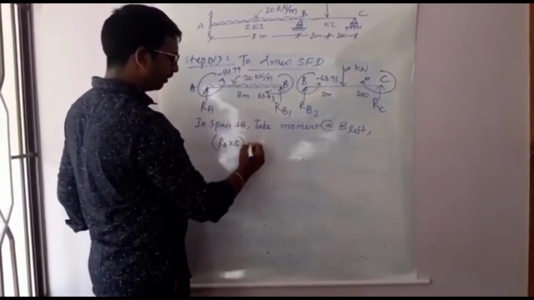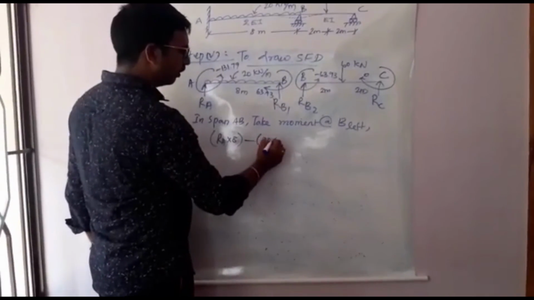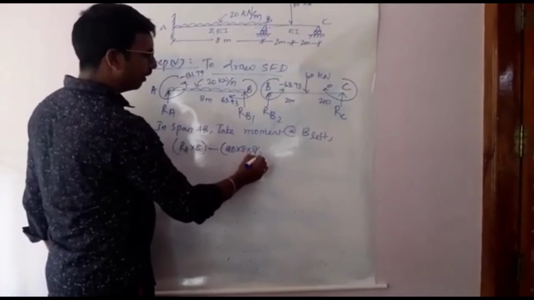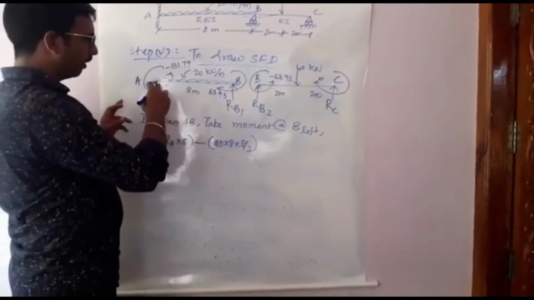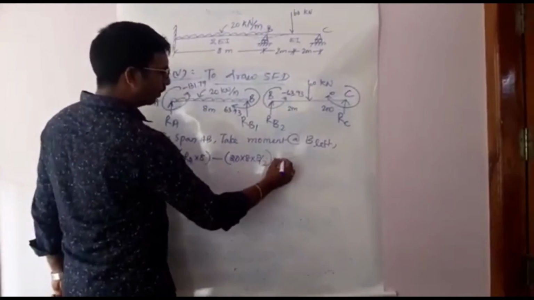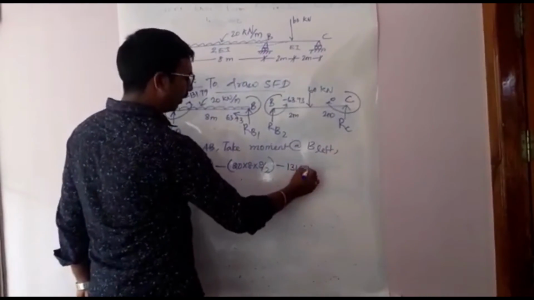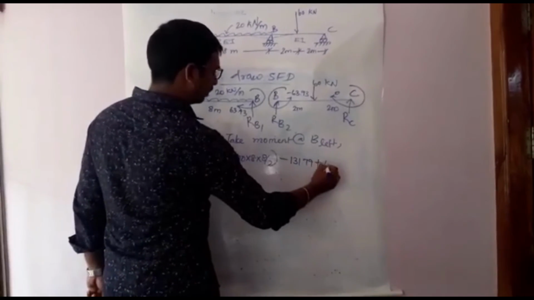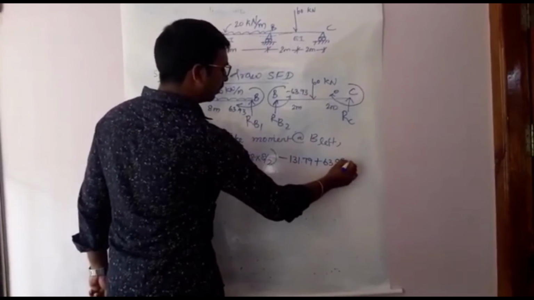Then you have to put these two moments: minus 131.79 and plus 63.93, equal to 0.